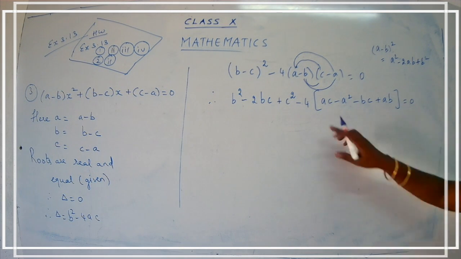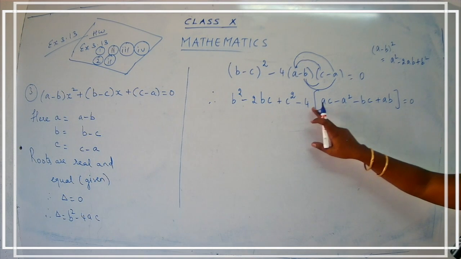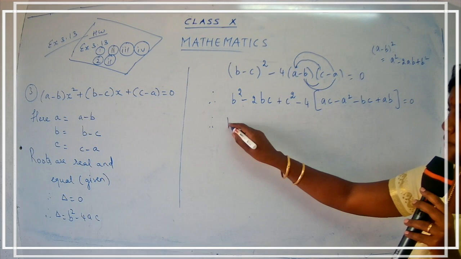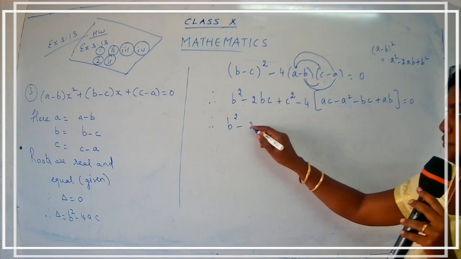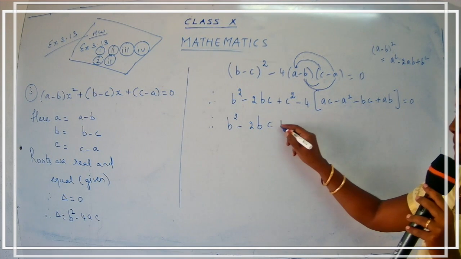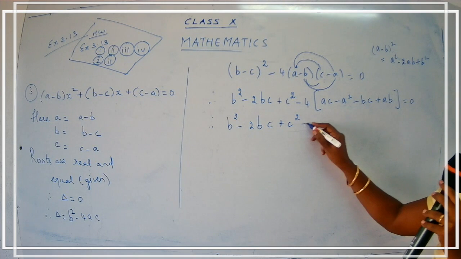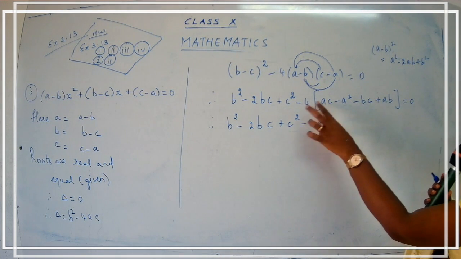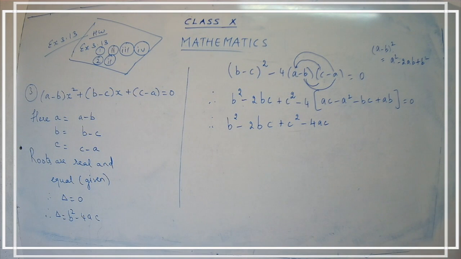Okay. Now I am going to open the bracket. I am going to multiply by 4. So what do I get here? B square minus 2bc plus c square minus 4ac, minus 4 into ac is minus 4ac.